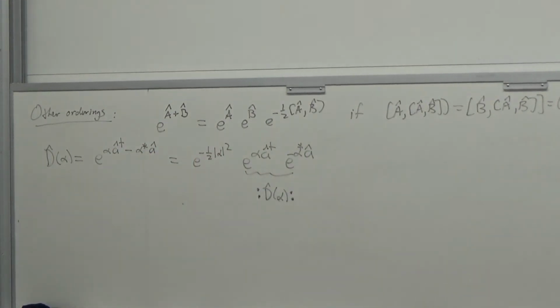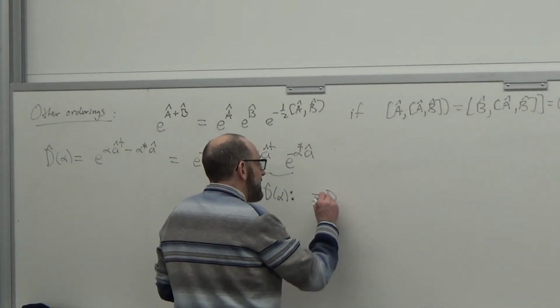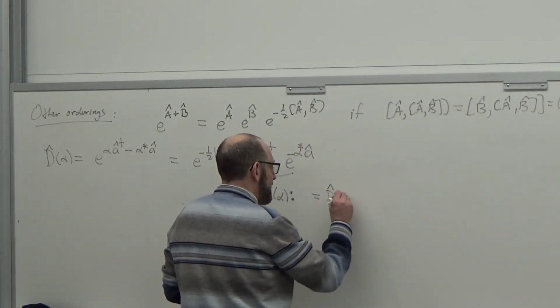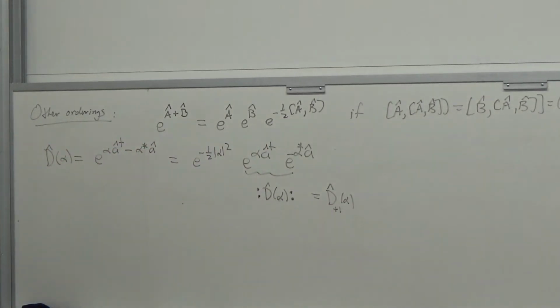Okay. So I'm going to call this thing D plus 1. That's to say I've normally ordered it. This is symmetrically ordered. This I will call D0.